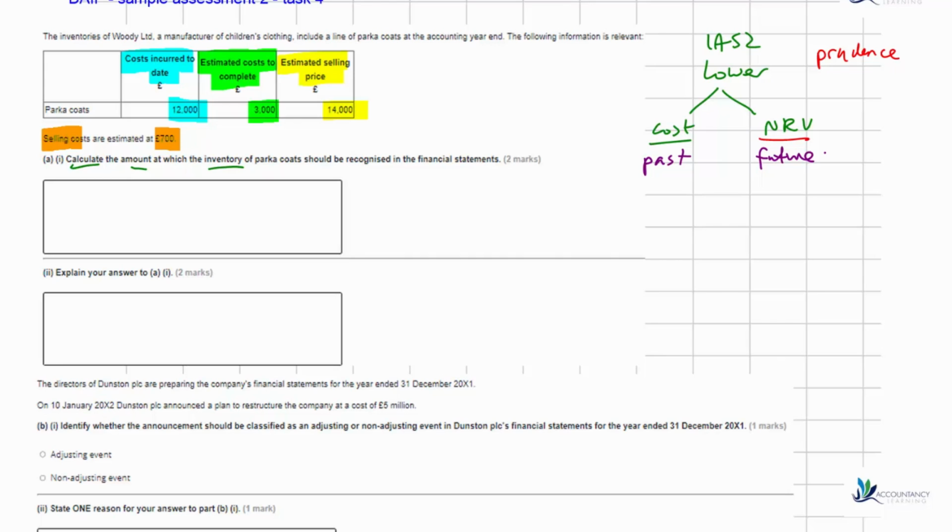Whereas for the net realisable value, that's going to be the future selling price less any future costs to complete work on this inventory, less any future selling costs.